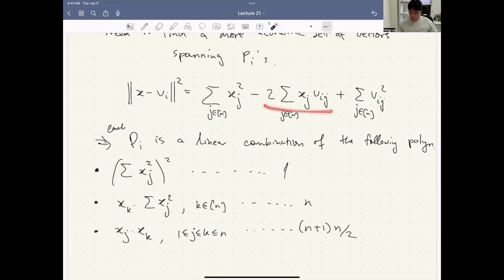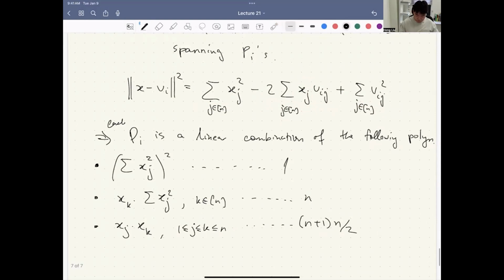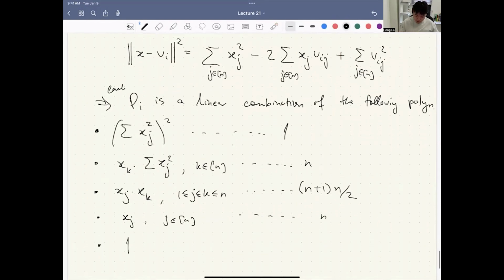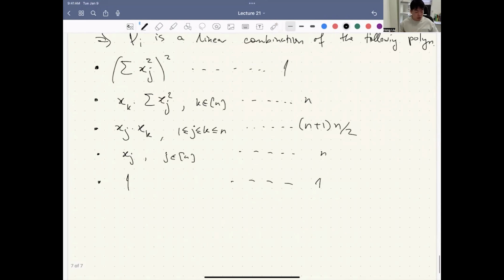We should also look at this guy times this guy, which is just a linear term on each x_j. So we have x_j, j in n. This is also n of them. Finally, we should have the constant term, so one of them. Sum them all up.